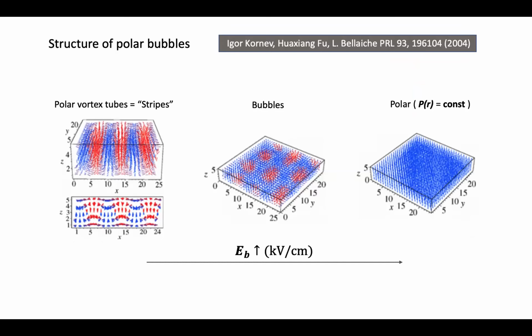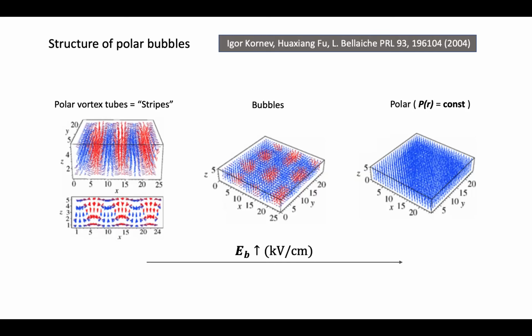The first prediction of this phenomenon was given by Igor Kornev from the group of Laurent Bellaiche in 2004, where they showed the formation of what they call nanostripe domains, which is now realized to have the vortex tube topology.